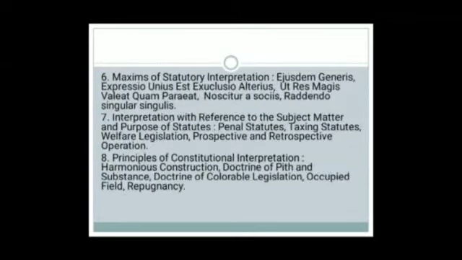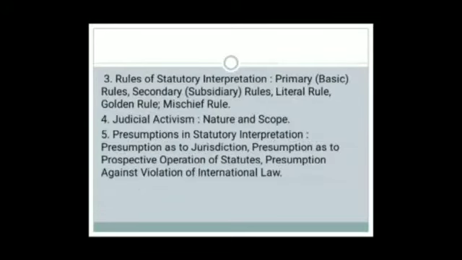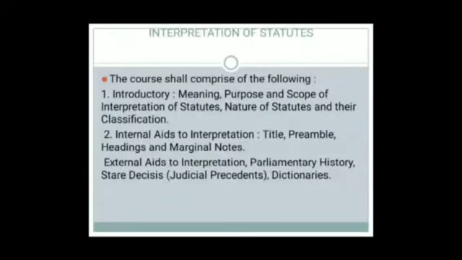We totally have 8 units, out of which almost everything is important. That will be it for the syllabus, and from the next lecture we'll start with the introductory unit: the meaning, purpose and scope of the interpretation of statutes, the nature of the statutes and the classification.